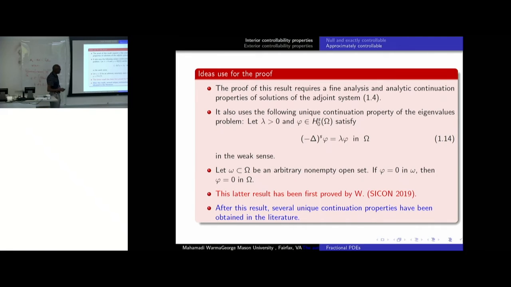This means that you take the eigenvalue problem for the fractional Dirichlet Laplacian, and we can say if phi is 0 in small omega, then phi must be 0 on all omega. If you can prove that, you need this condition and some analytic extension property in order to prove that you have the unique continuation property. But that is really the key to prove approximate controllability. You cannot prove approximate controllability without using a unique continuation property.